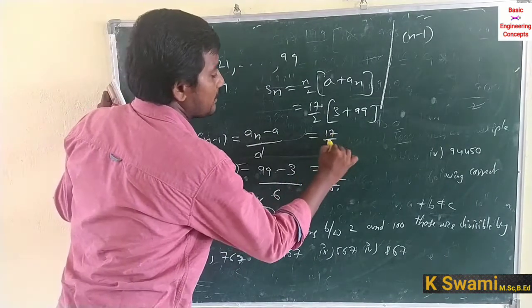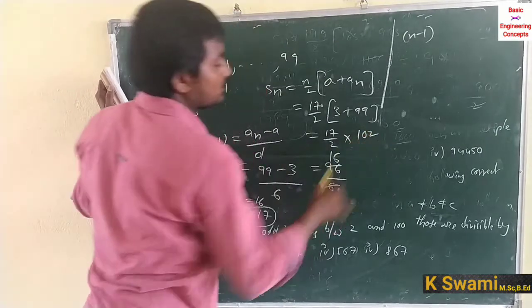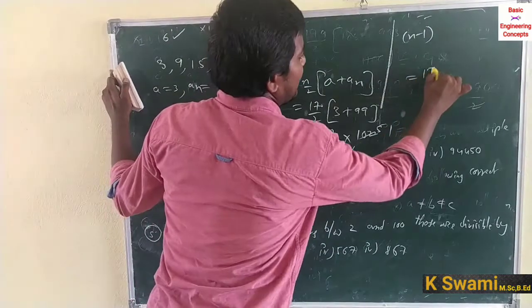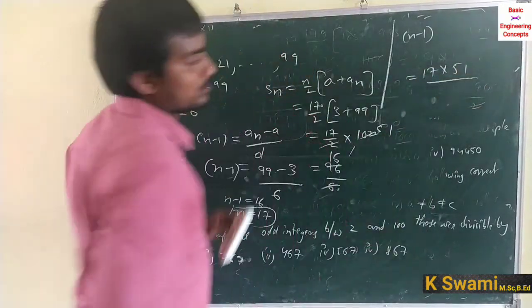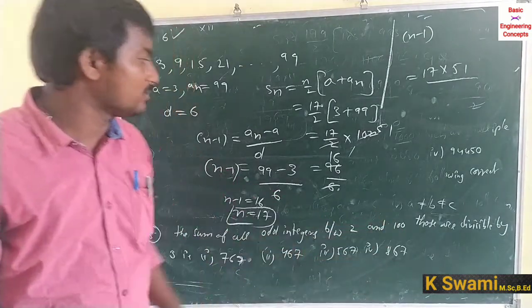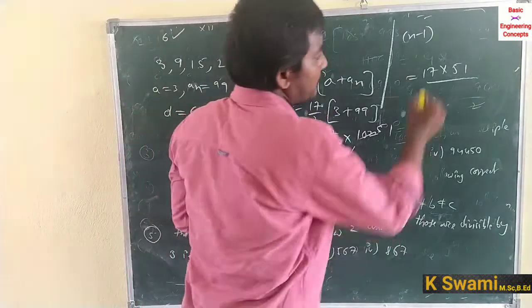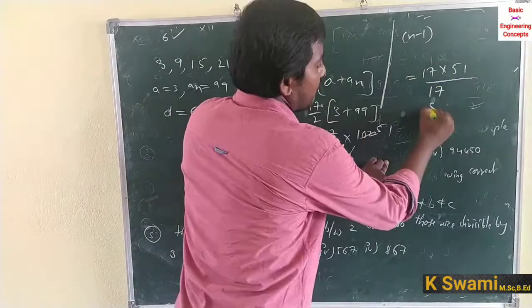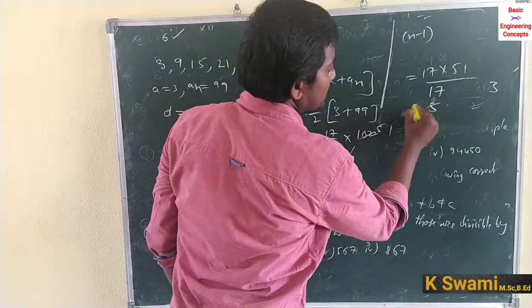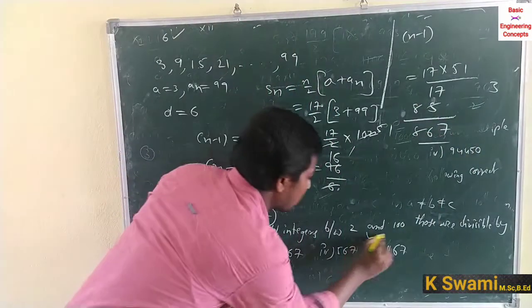That is 17 by 2 into 3 plus 99, which is 102, and 2 ones are 2, 50 ones are 50, so 17 into 51 is the sum of all the odd integers between 2 and 100 that are divisible by 3. 17 into 51 is 867. The correct option is 4.